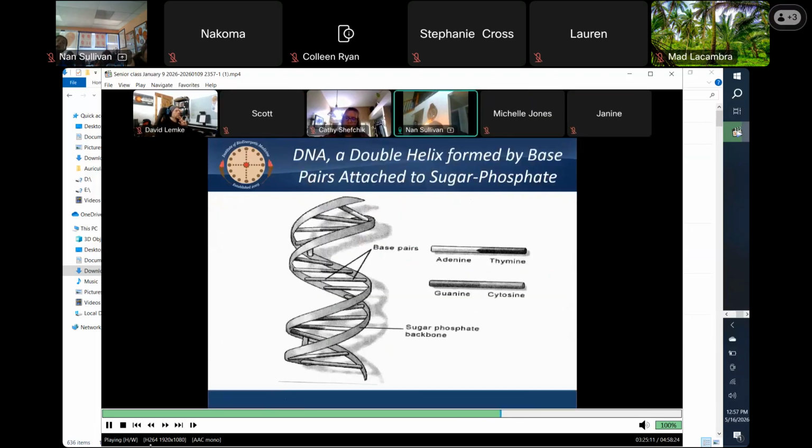So DNA is a double helix, a spiral. And I repeatedly throughout this program talk about spirals. The Milky Way is a spiral. Plants grow out of the ground in a spiral fashion.